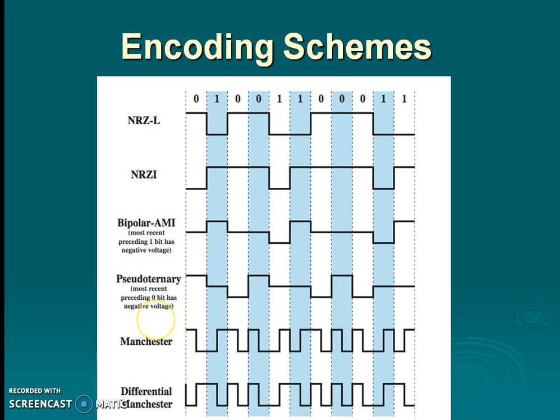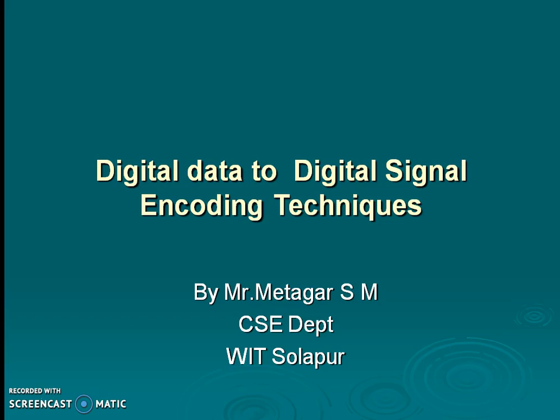Okay, like this the user should convert our data from one form to another form before sending the data from one place to another place. Here the main focus of this digital data to digital signal encoding scheme is, for example, on the company side.